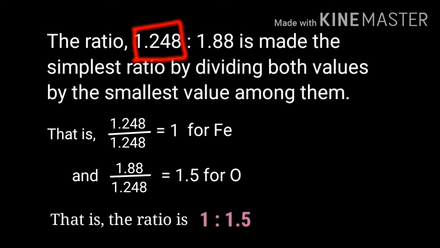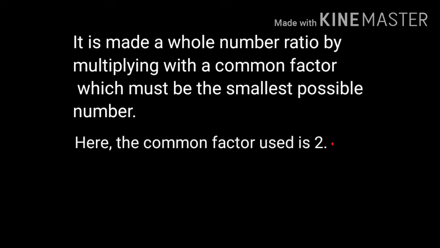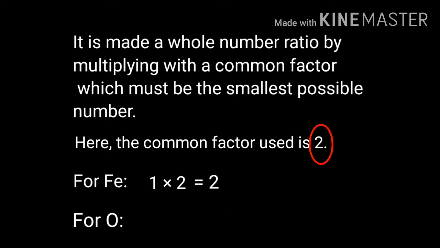This is made a whole number ratio by multiplying with smallest possible value, that is 2. For iron, it is 1 into 2 equal to 2, and for oxygen, it is equal to 1.5 into 2, which is equal to 3.